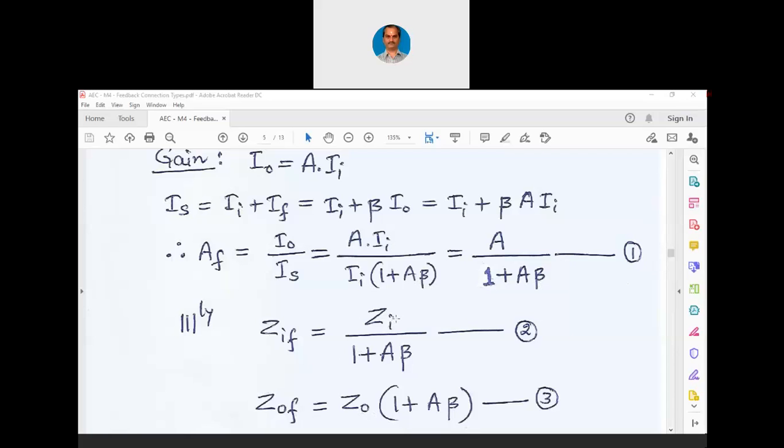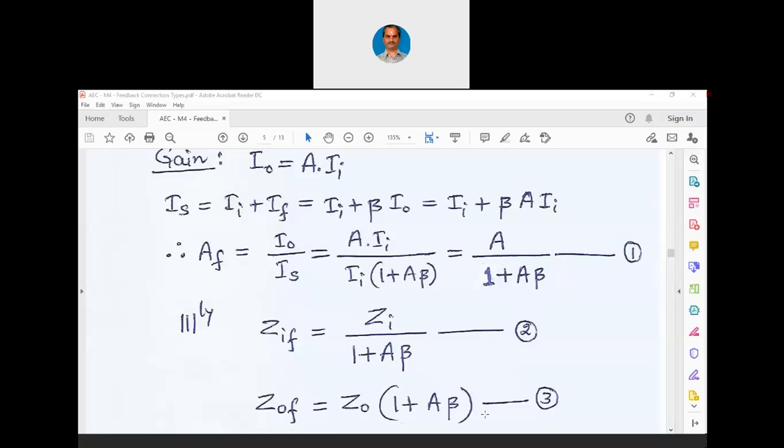Here, in case of current to current conversion, we have input impedance getting reduced and output impedance getting increased, which is in contrast with the voltage to voltage conversion. Please recall, in case of a voltage amplifier, we had input impedance being increased because of this negative feedback, and output impedance was reduced.